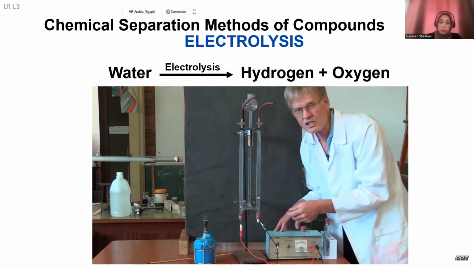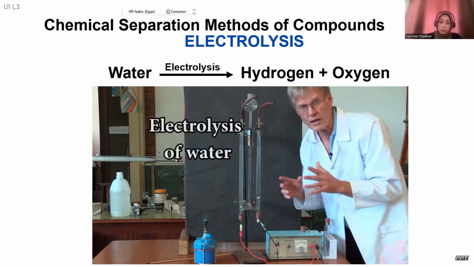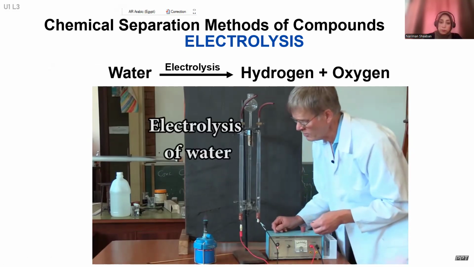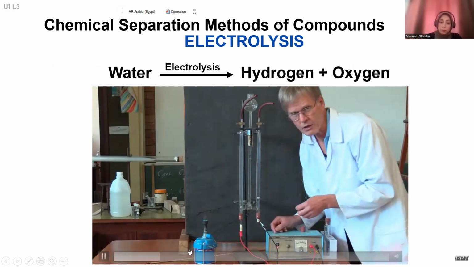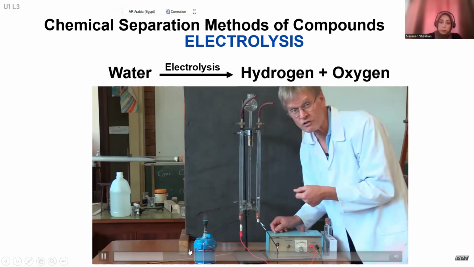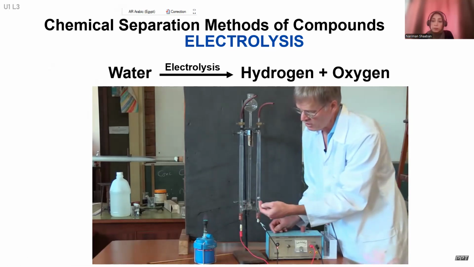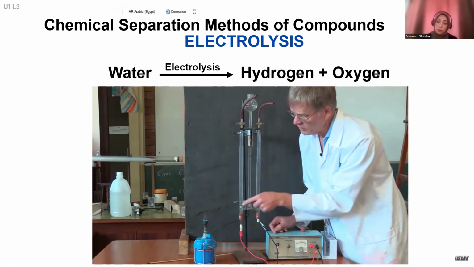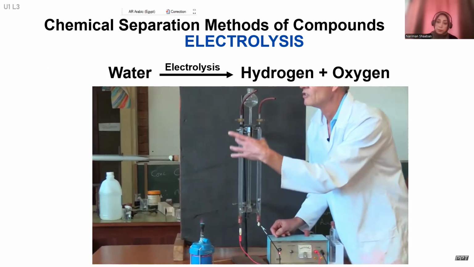And the electricity splits the water molecule up. We call that electrolysis. Electrolysis is the term we use for a chemical reaction induced by electricity. So the electrolysis of water is occurring, and you can see bubbles bubbling up in these two tubes.